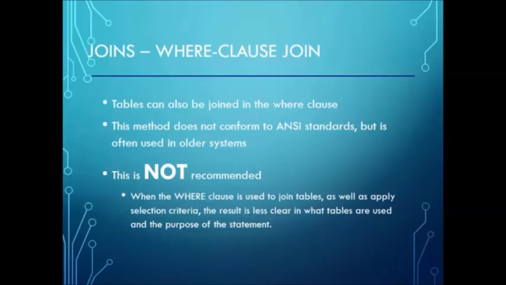So if you know how to write a where clause join, I will not accept those on the homework for this class. We are writing ANSI standard SQL, which means we need to do our joins in our from clause with our join and on keywords. I'm not going to go through how to do a where clause join because I don't want to confuse anybody. But if you know how to do them, do not use them in this class.